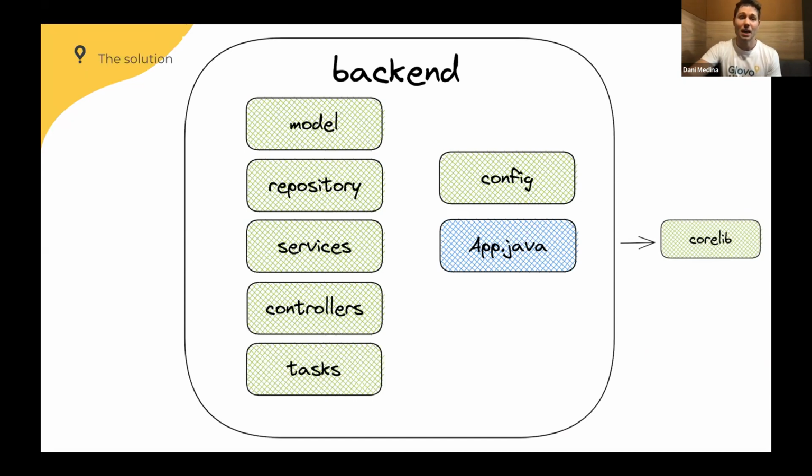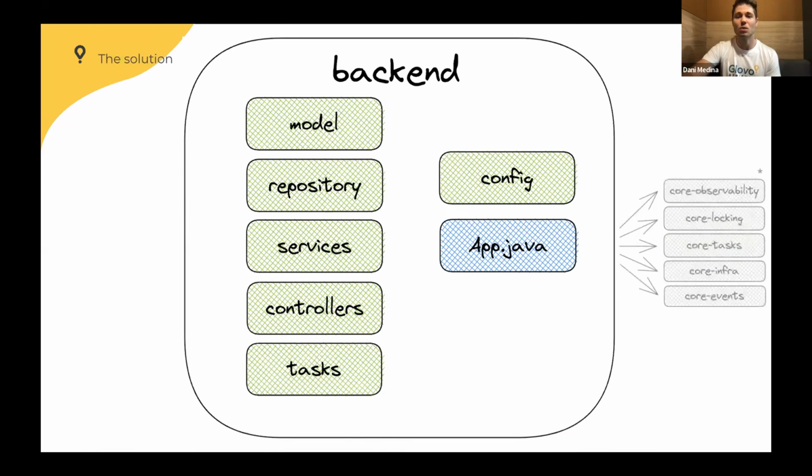And to solve the issue of the single module to depend on, we broke corelib into different libraries called observability, logging, tasks, with the different pieces of functionality isolated so that they could be used independently and without requiring extra setup that was not needed for some services.